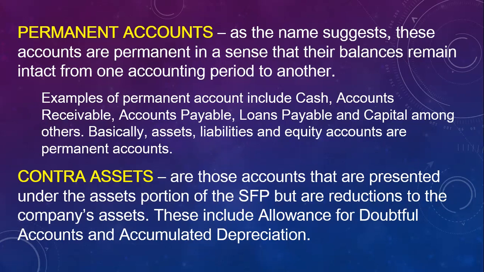So, pag nakita nyo agad yung allowance for doubtful accounts and accumulated depreciation, yan yung mga example ng contra assets. Automatic may contra assets dyan. Tandaan nyo to, kasi nasa asset siya pero dinededuct siya.